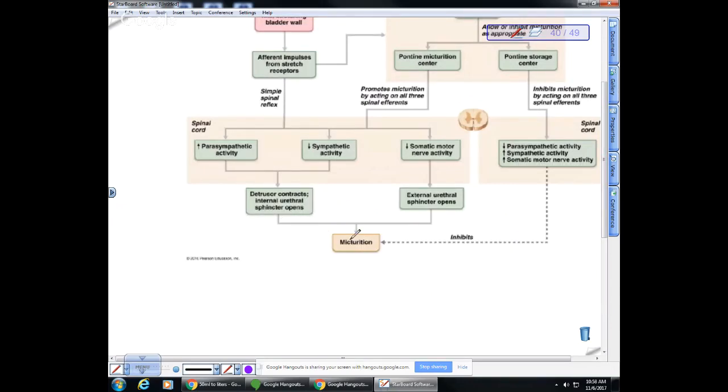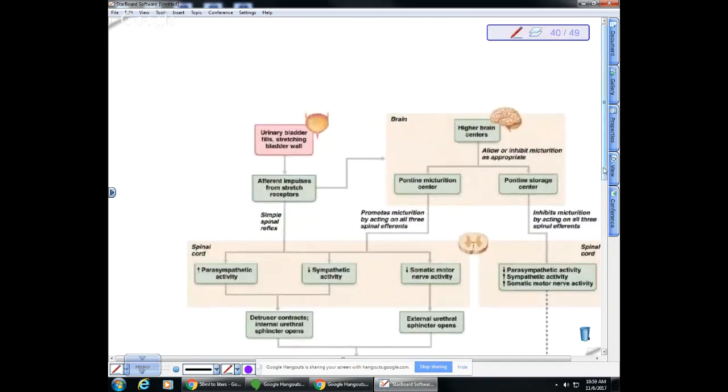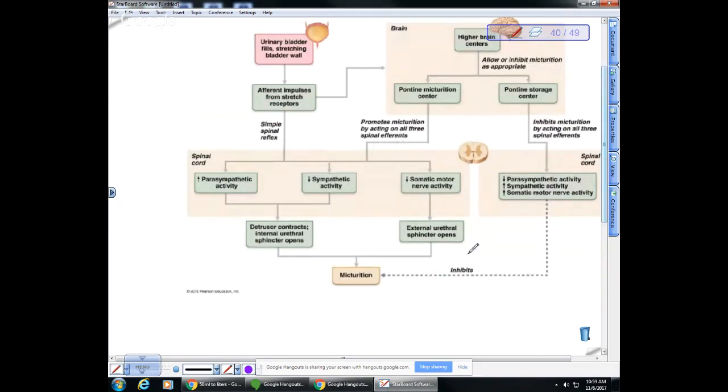Right? So that's babies, right? They just will urinate, and they have no control over it. But in us, we have the ability to allow or inhibit it, and then we also have the pons being part of the central nervous system that's involuntary, that also allows us to open the external sphincter, right, when we're ready to urinate, and that would cause micturition.